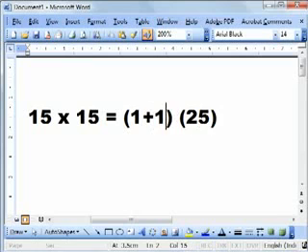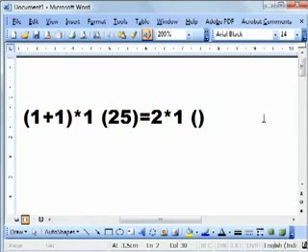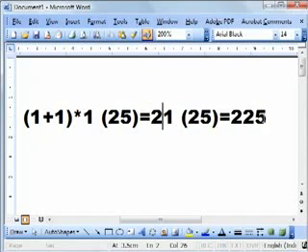Add 1 to it, then multiply the same with 1. So the answer is 225. Here the star is the multiplication sign.